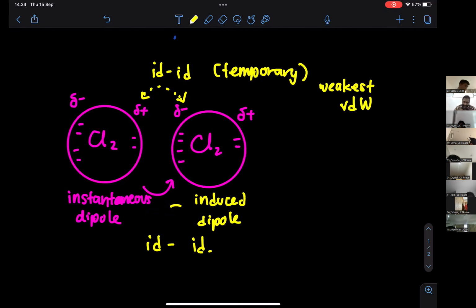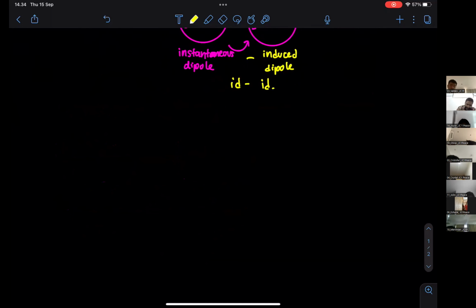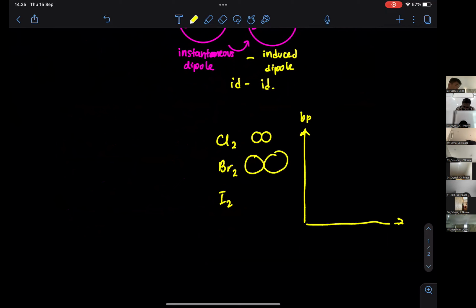But again, when it comes to Cl2, Br2 and I2, I want to look into the comparison of the boiling points. Which one will have the greatest boiling point? What decides it is the size. You see, this is small, this is getting bigger, this is going to be way bigger. If the size is more, why?